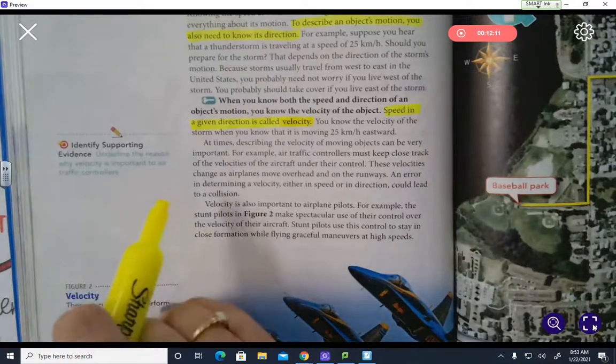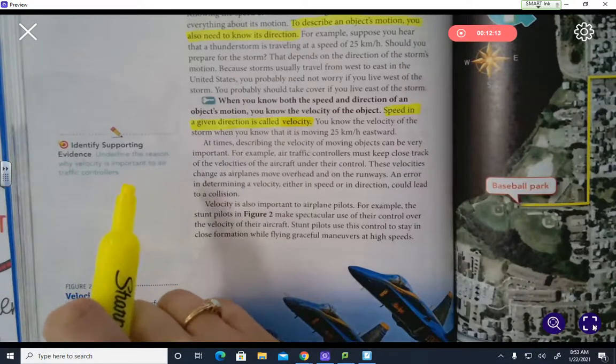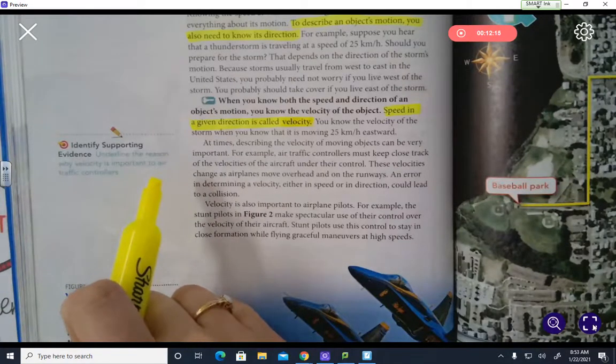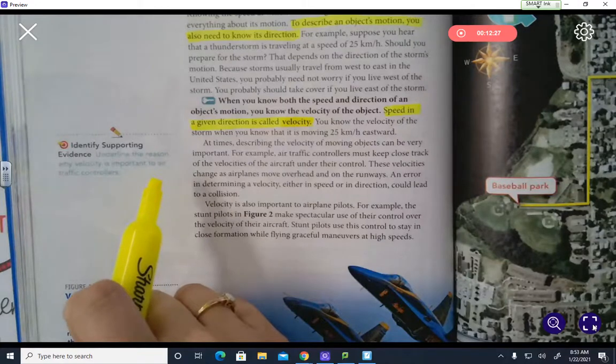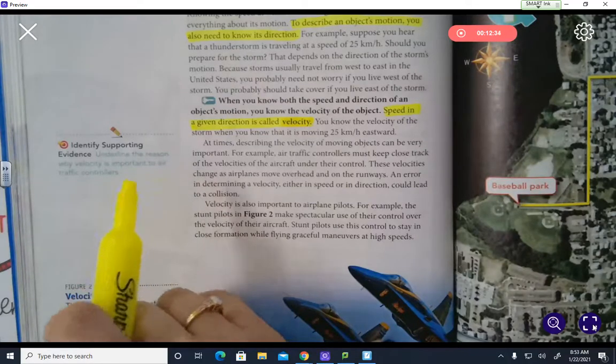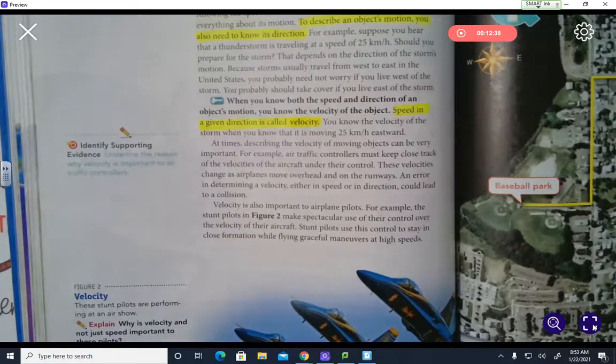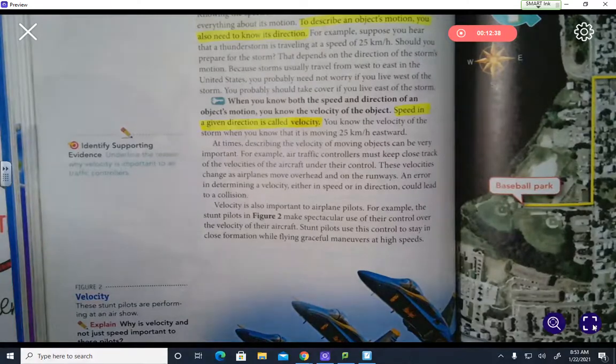At times, describing the velocity of moving objects can be very important. For example, air traffic controllers must keep close track of velocities of aircraft under their control. These velocities change as airplanes move overhead and on runways. An error in determining velocity, either in speed or in direction, can lead to a collision.